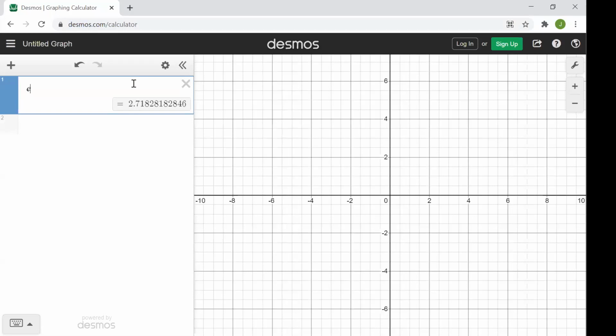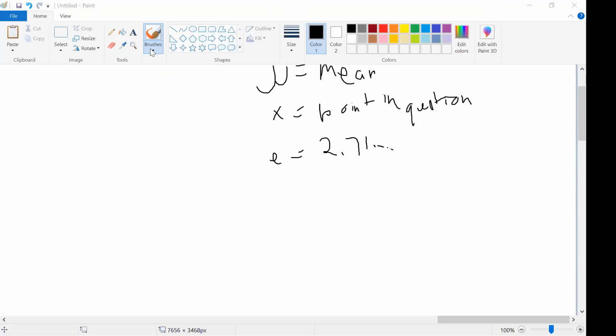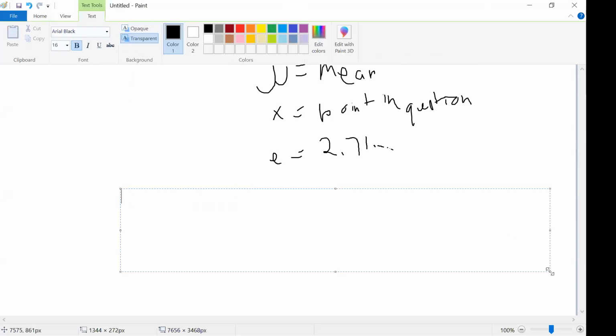Now, we have 3 requirements to be able to use this distribution. So let me switch back over to our whiteboard. We have 3 requirements for this. I'm going to type them out and then I'll explain them. So let's get our big box.